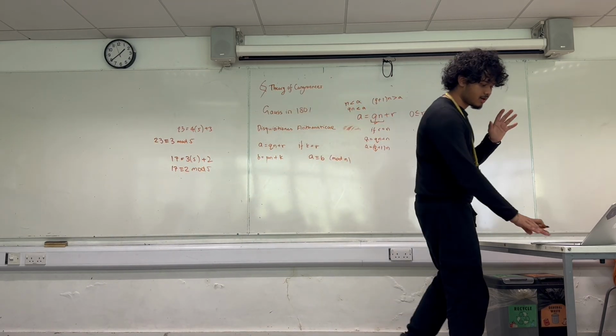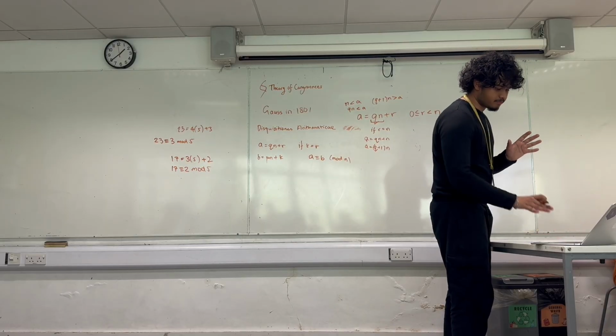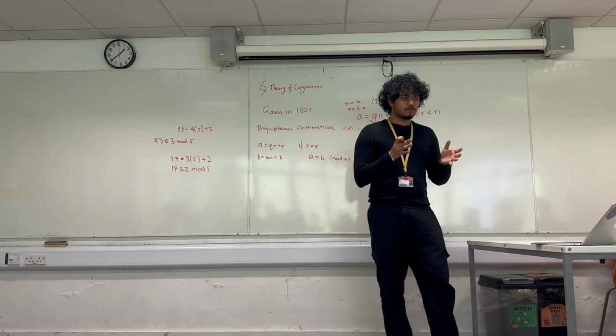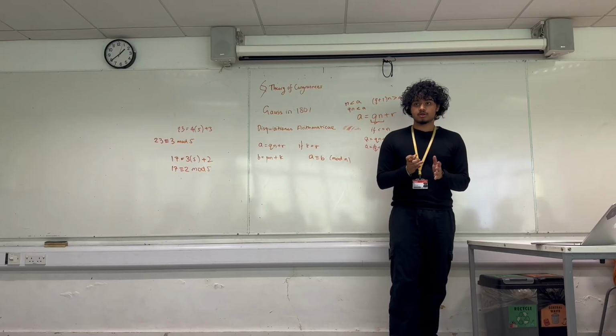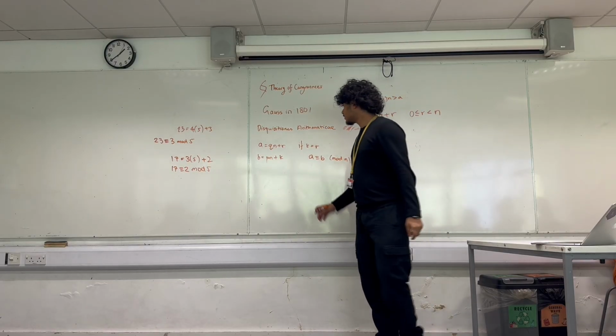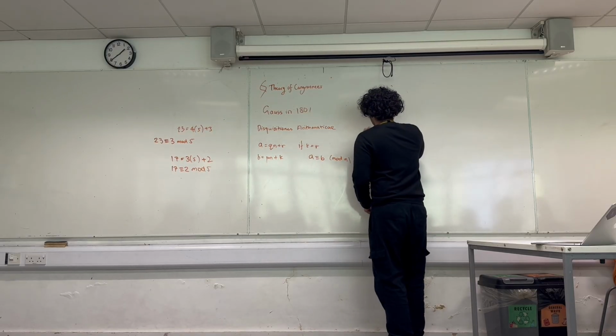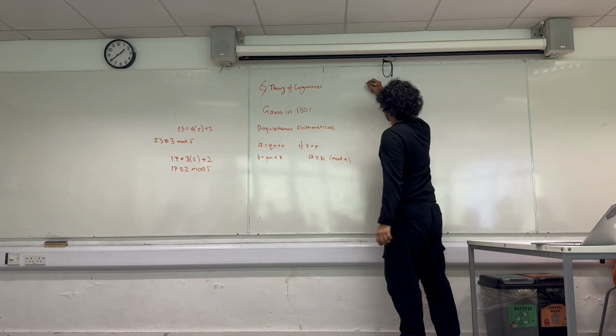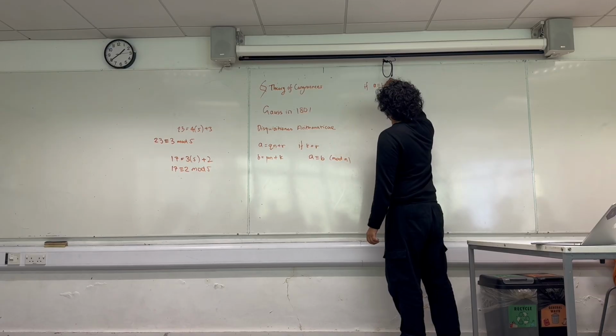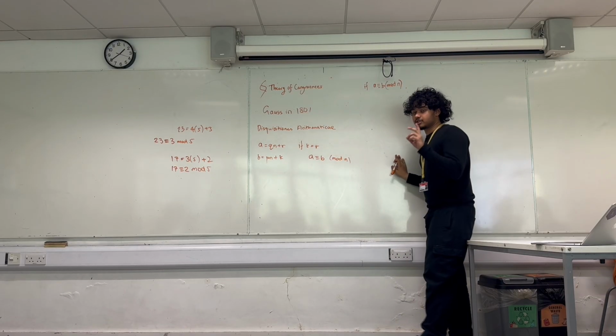Nice. So now we have a slight idea of how we can determine if two numbers are congruent to each other. We'll go into some notation now. If a is congruent to b mod n, I said that there were two interpretations of this.